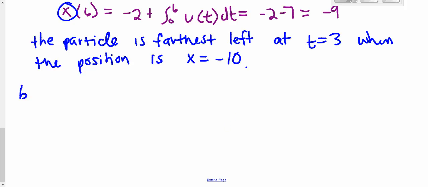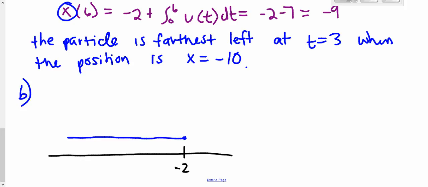So for part B, we know that we are kind of on a number line, okay? And they said that we start at -2. And then we said we move to the left. So if we start here and we move to the left 8, so we went -8, so that means we ended up at -10.